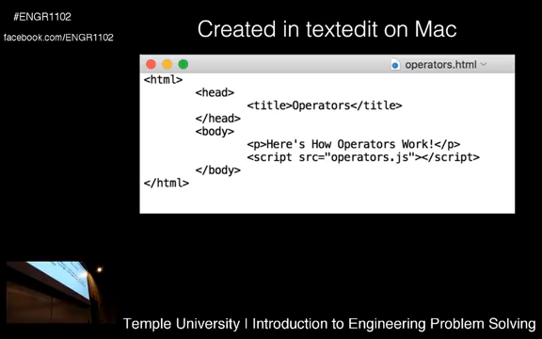And so this is actually an HTML file that will call my JavaScript file named operators and execute it if I were to open it in a web browser. So I'll make sure this gets posted. You can literally copy and paste this, and all you would need to do to get your code to work is change this file name to match whatever you created as a .js file that has your code in it. And you can run it, and it'll do whatever it is that you asked it to.